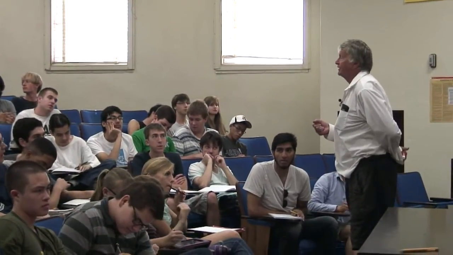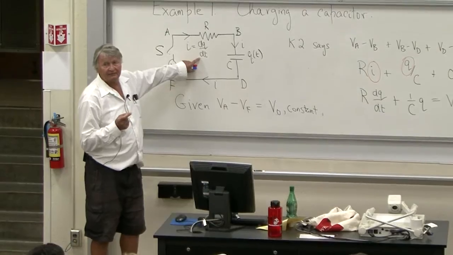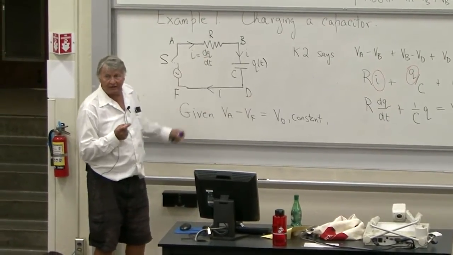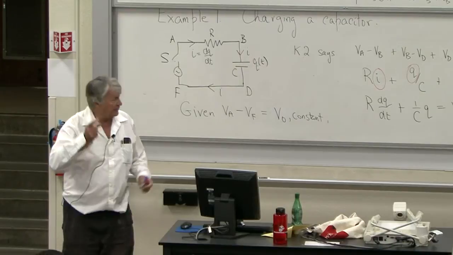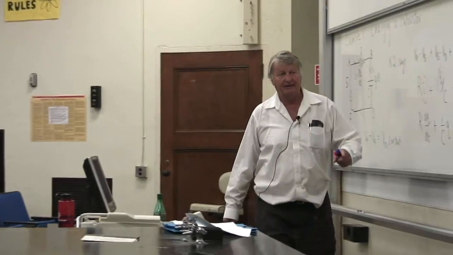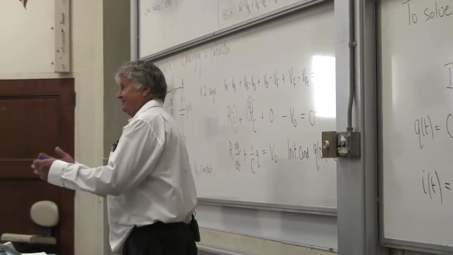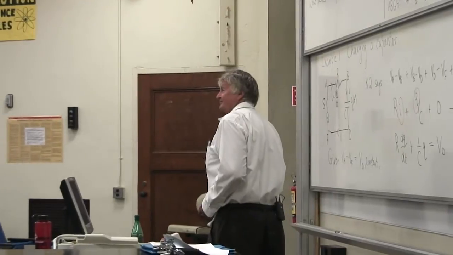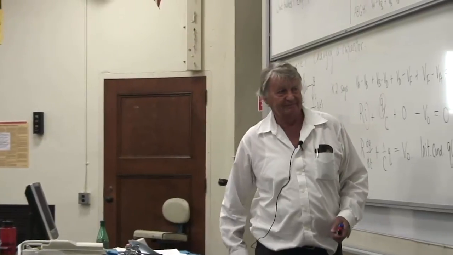What is the current? How is the current related to the charge? It's dq by dt. So if you know q, you find I by differentiating with respect to t. So differentiate this expression here with respect to t. That's right.